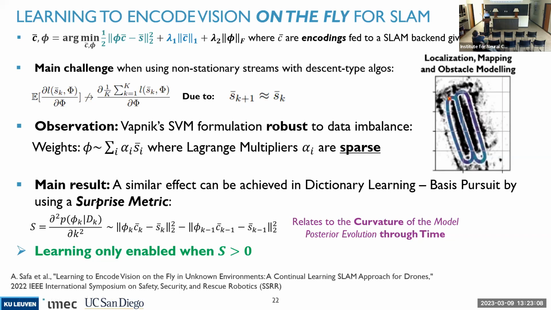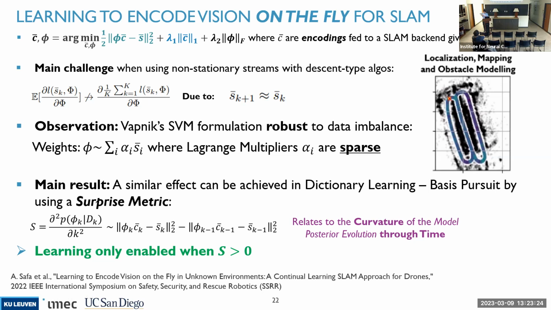The backend takes these descriptors, assigns them to each pose of the drone, and then detects loop closures by template matching these descriptors with future descriptors that it sees.